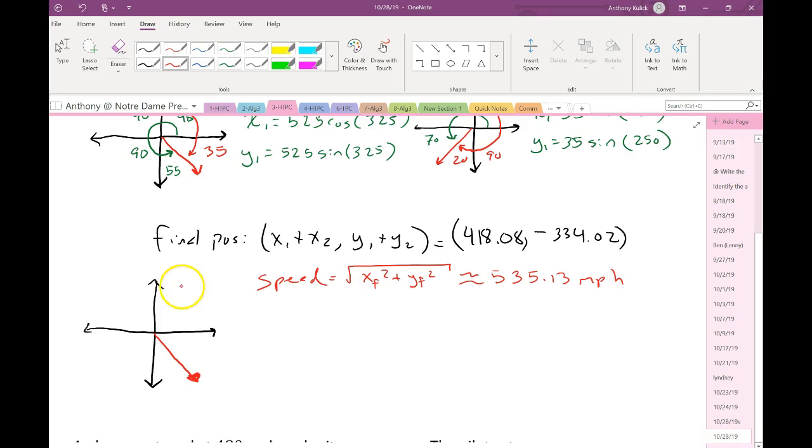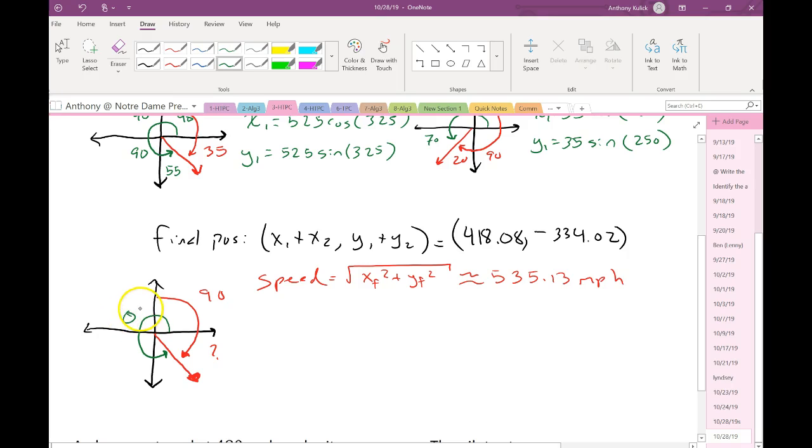And now the bearing is really what I'm going to be using this picture for. So the bearing is that, right? We're going from true north and rotating clockwise. So it's going to be 90 plus something, right, to get that bearing. Now, I can't calculate that something part directly, but what I can calculate directly is my standard position angle.